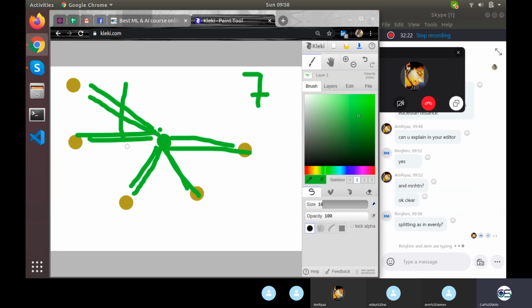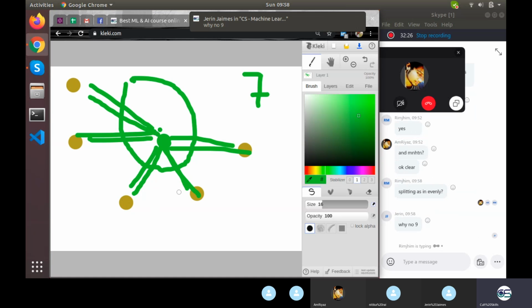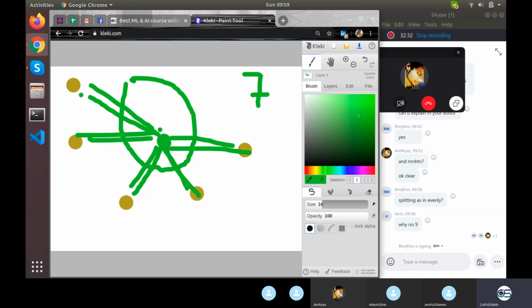Now, if there are 5 classes and all of them are 20% equal, then which one will you not take? Why not 9? Because 9 will be like 3 here, 3 here, and 3 here. It will be possible to split into 9. We cannot take 10, we can take 11. So I'll be putting up 11 here.